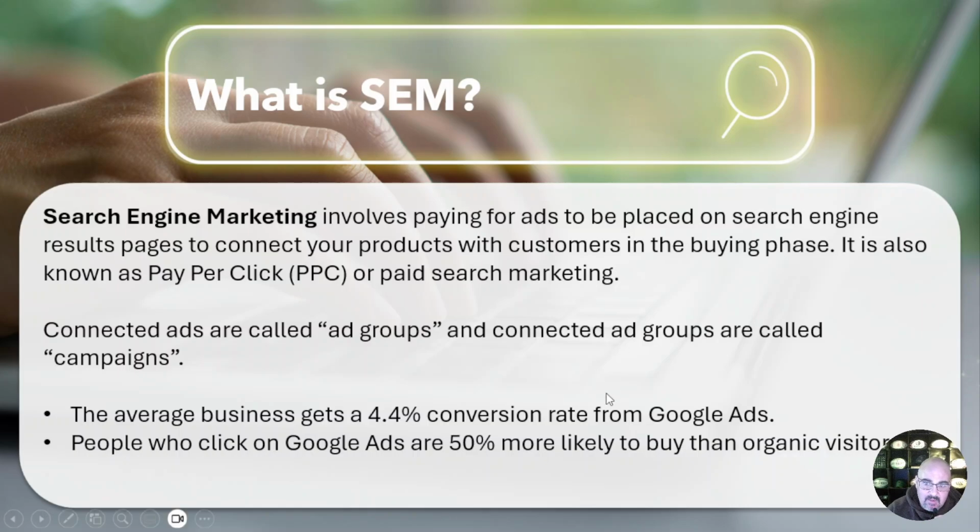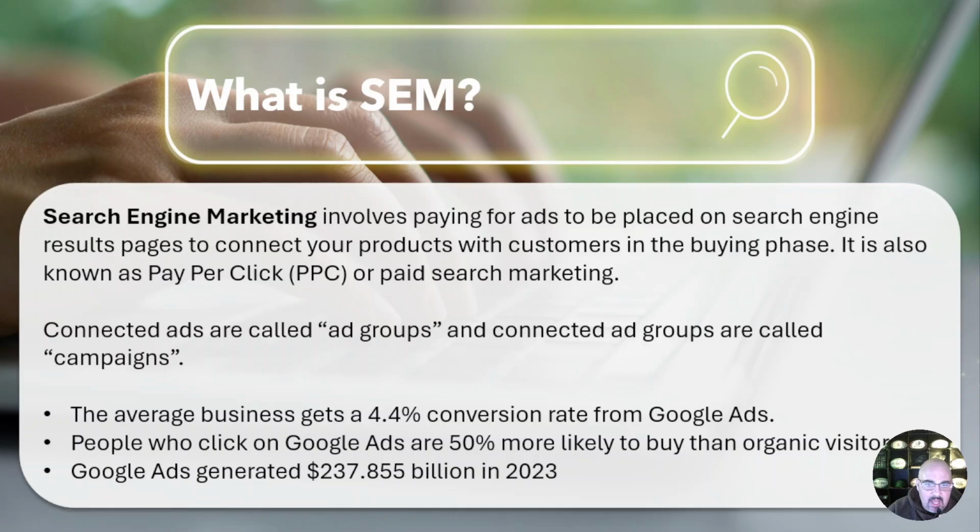So it can be effective when done well. And we can see here in 2023, Google Ads generated $237 billion. Billion with a B. So it's big business, guys. It gets lots of return, great conversion, and is a good strategy to use if you're competing with other companies.